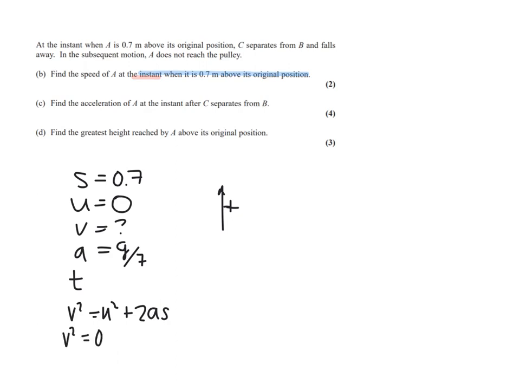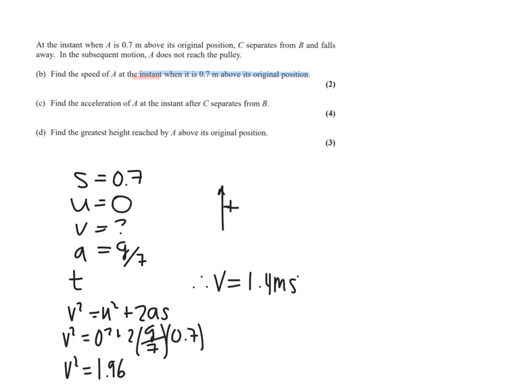So v squared equals 0 squared plus 2 times g over 7, which is 9.8 over 7, times s, which is 0.7. All of that can go in my calculator. v squared comes out as 1.96, and so v is 1.4, and don't forget your units. So there's part B.